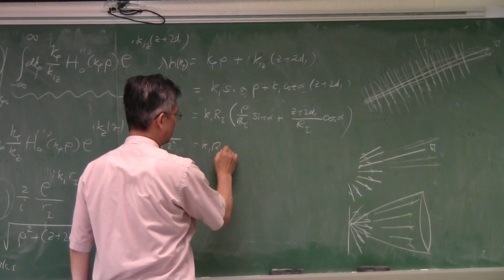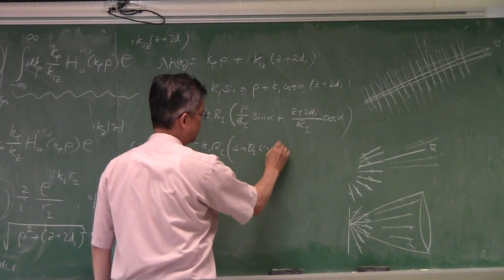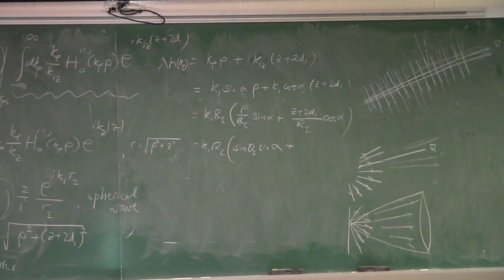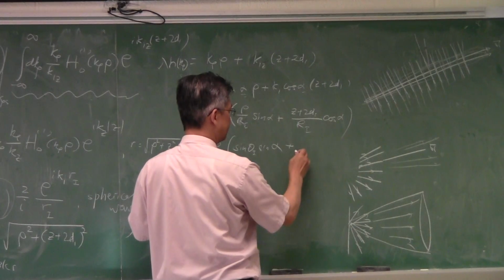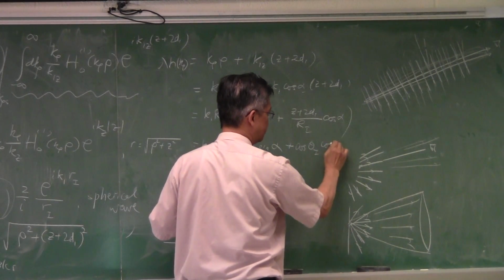So sine theta I, sine alpha, and then if you look at this number over here, which is this number over ri, this is ri. Okay, I call it ri, but I use a capital letter here. But this is just cosine of theta I, cosine of alpha.